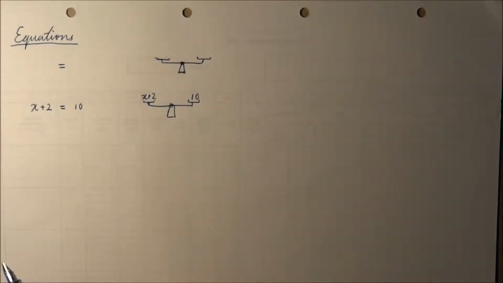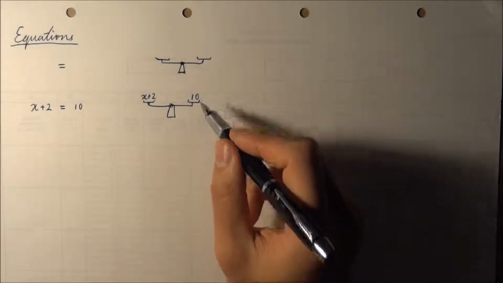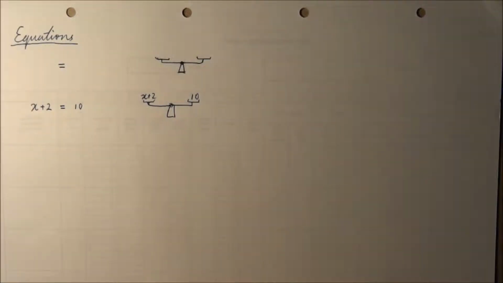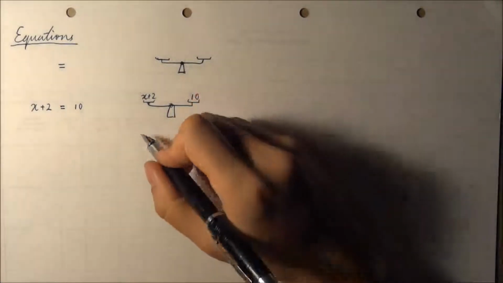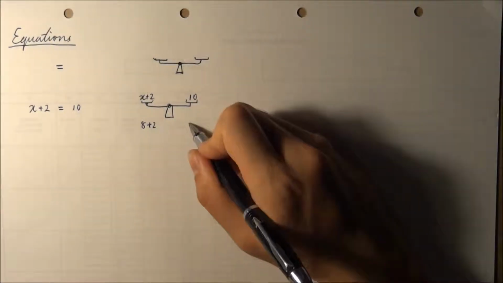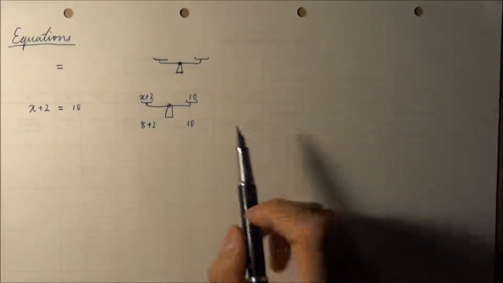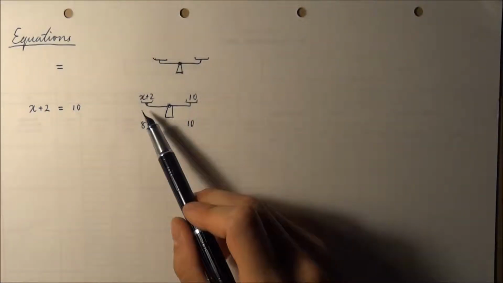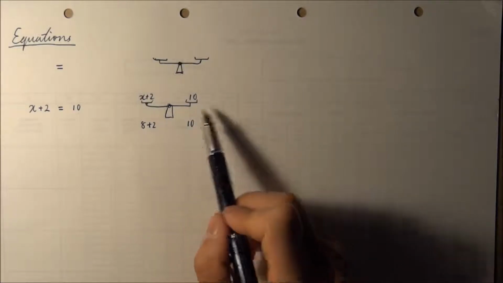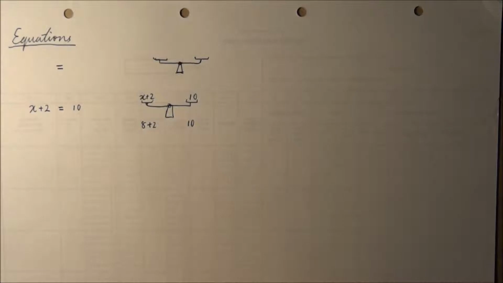Obviously, we can see that for x plus 2 to be the same as 10, x will have to be 8, because 8 plus 2 is the same as 10. So the only possible way for the scale to remain in balance is for x to be 8.